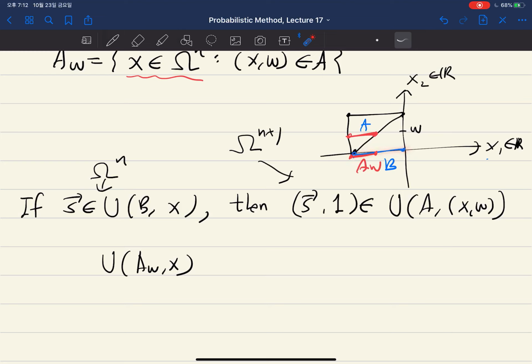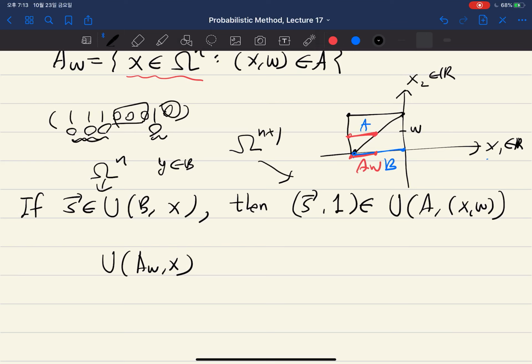So meaning that in B, there are some points Y. This is in here, meaning that if you have S, then there exists Y in B which is the same as X on these 4 coordinates, and possibly different from X on these other 4 coordinates.